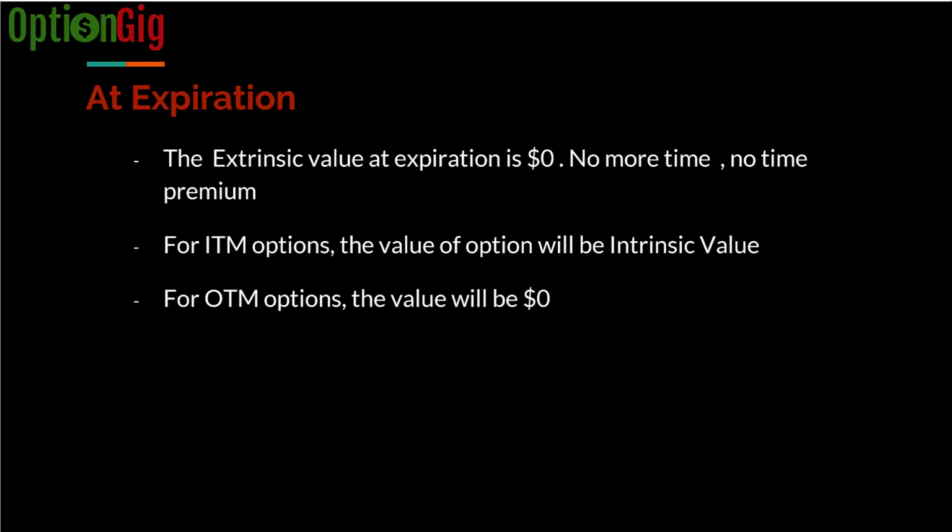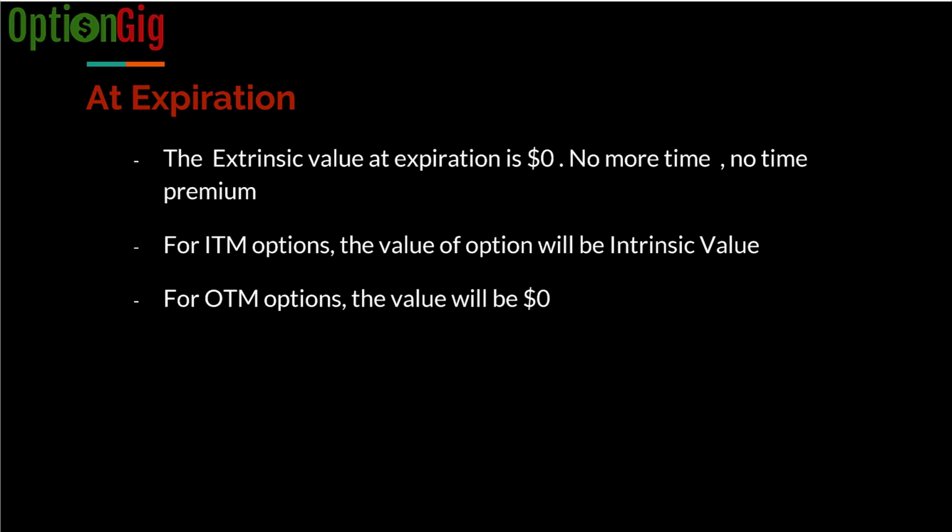So extrinsic value is 0 at expiration. That means for in the money options, the option pricing is solely because of the intrinsic value, because extrinsic is 0. And for out of the money options, the option price is 0, because out of the money options have 0 intrinsic value, and now at expiration even the extrinsic value has become 0.